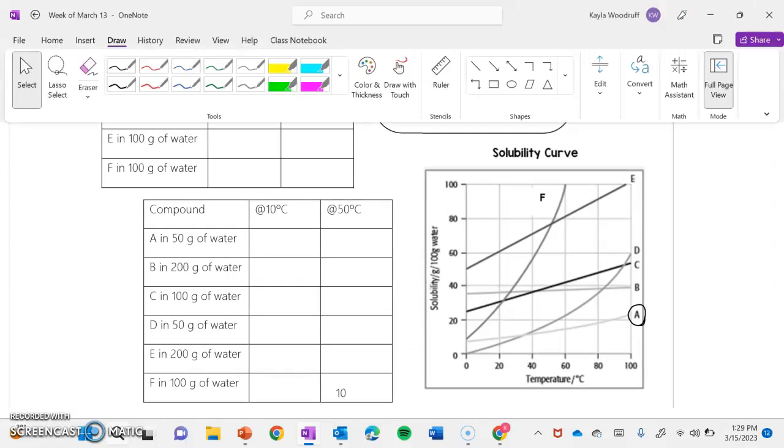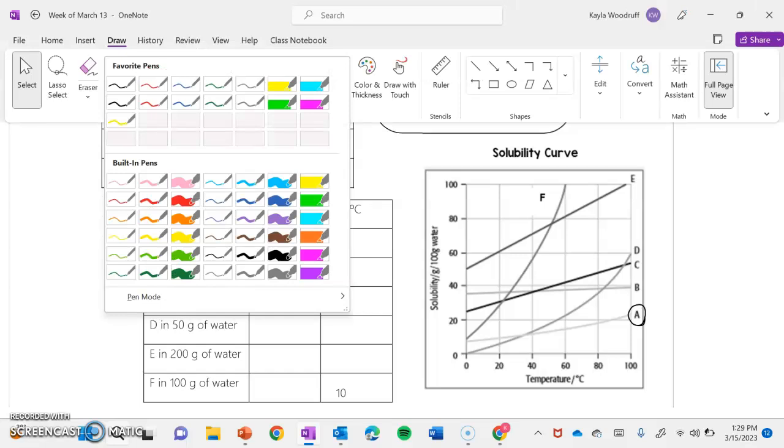So I'm going to do just some different highlighting colors.